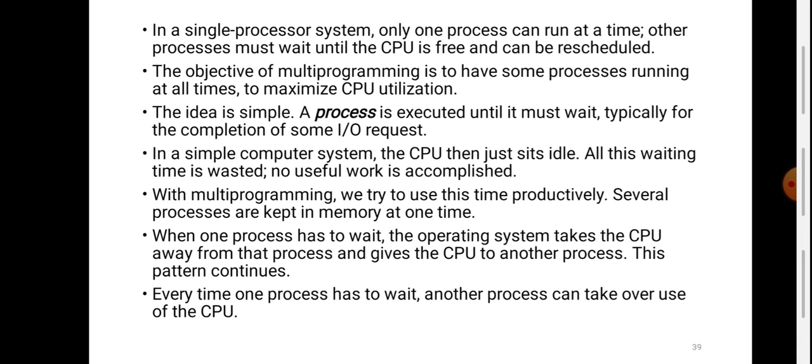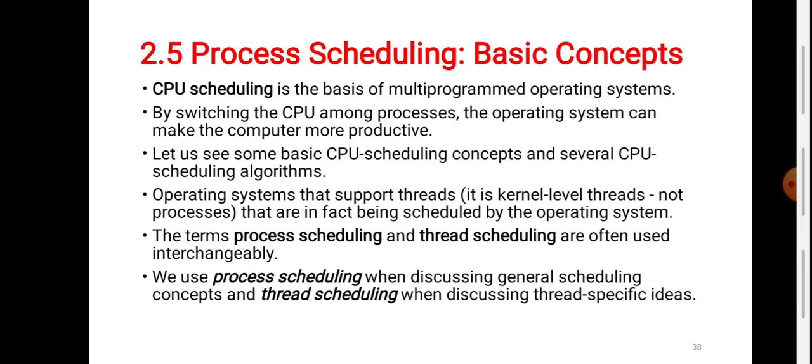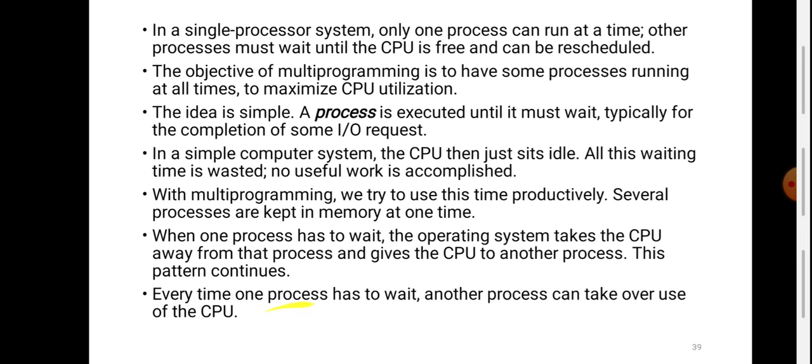This pattern keeps on continuing. Every time one process has to wait, another process can take over the use of the CPU. If one process is using the CPU, the remaining processes have to wait for the CPU.